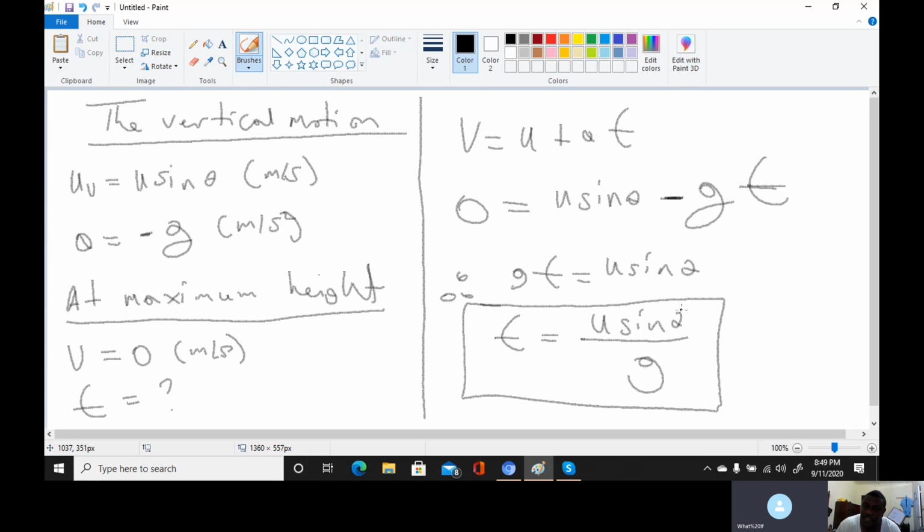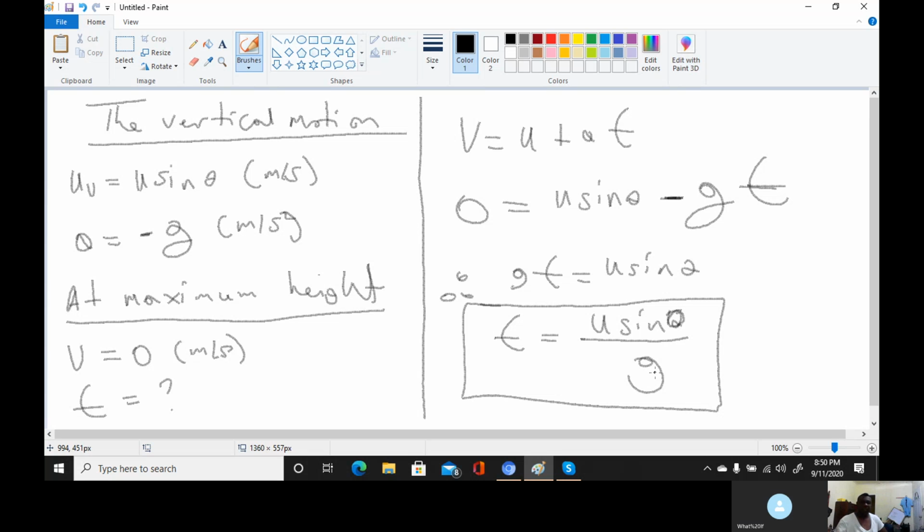The time to reach maximum height depends, of course, on gravity. We're expecting that. If gravity is pulling us hard, it's going to take a longer time for us to reach all the way up.